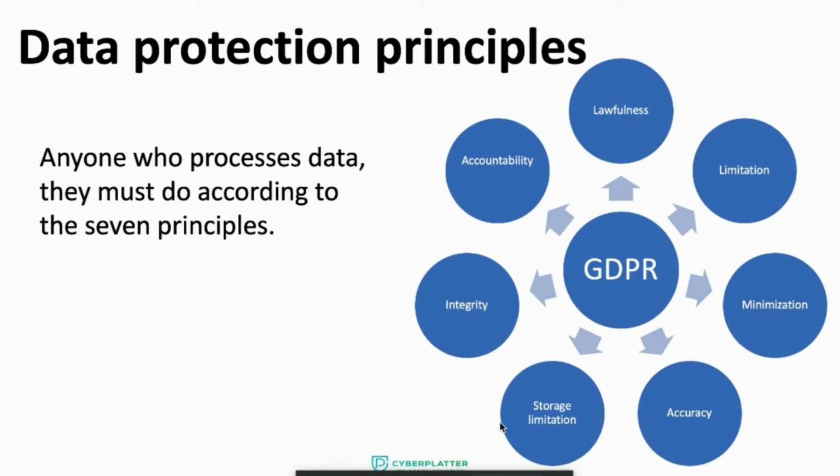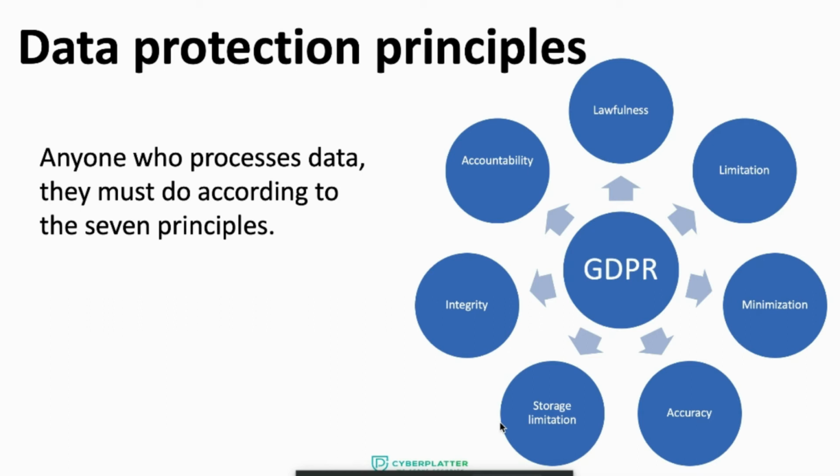Data minimization. The data controller must collect and process data only as much as absolutely necessary for the purpose. They should not collect extra information that is not required. Accuracy. Data must always be accurate and up to date. Storage limitation.